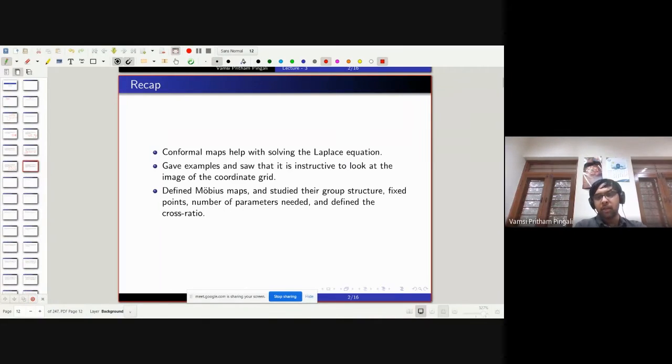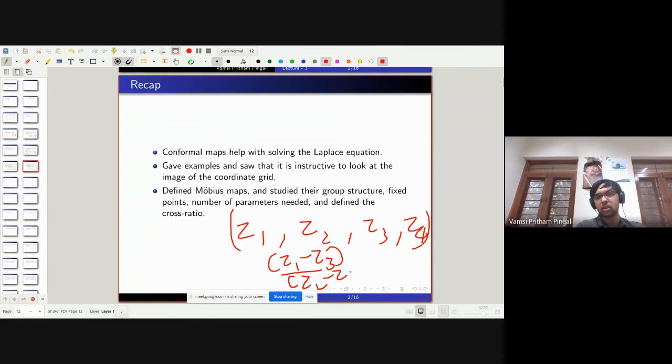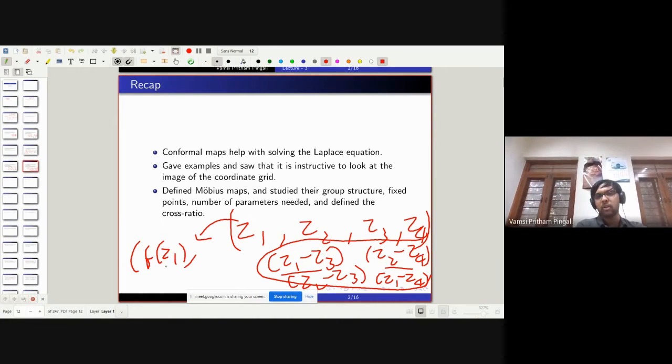And finally, we defined this concept of a cross ratio for 4 points. I could be writing this wrong. Hopefully this formula that I'm writing is correct. It's this quantity. It's a complex number associated to these 4 points. And the speciality of this cross ratio is that if you use a Mobius map, let's call that Mobius map F, then these 4 points go to 4 other points.